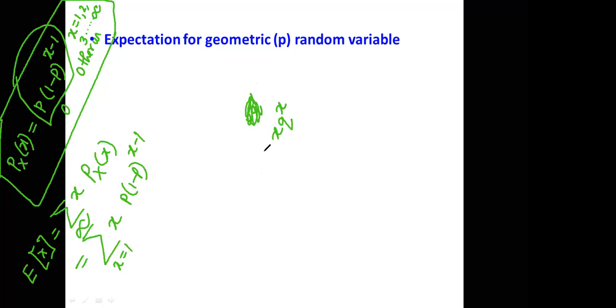And if the summation is x equal to 1 to infinity, that value will be equal to q divided by 1 minus q whole square. That value we know.